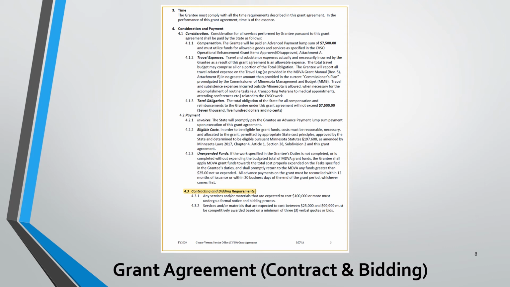So for instance, if a grantee has a budgeted item for $11,000 for maybe software, a new software system, the current requirement by the state is that the grantee will get 2 verbal bids for the software system that they're wanting to purchase. And then those bids are documented on the contract and bidding log.